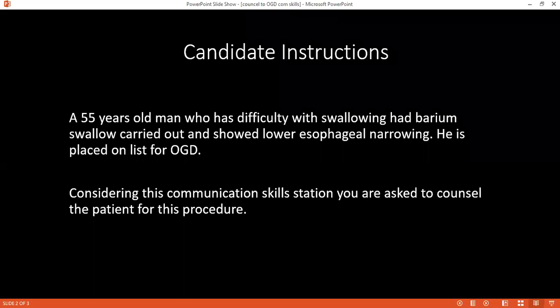So will I be awake or will I be put to sleep? Actually, we can discuss that afterwards with the anaesthetist. We have two options actually. Either we can put some sort of spray to your throat, or the other option is to be under sedation.